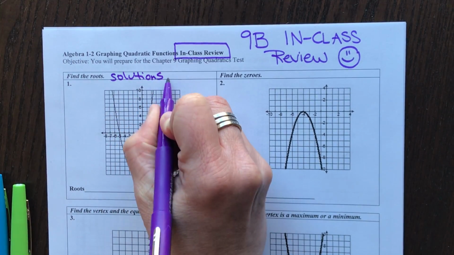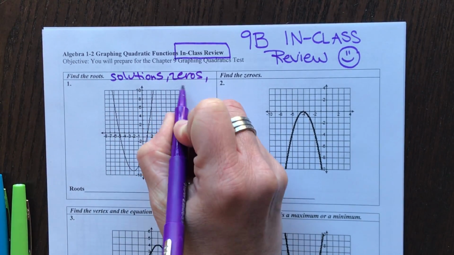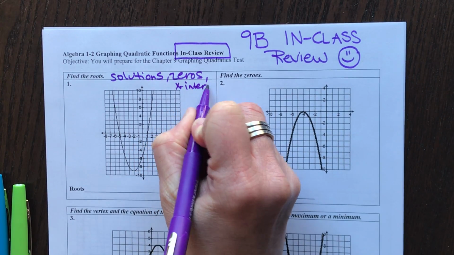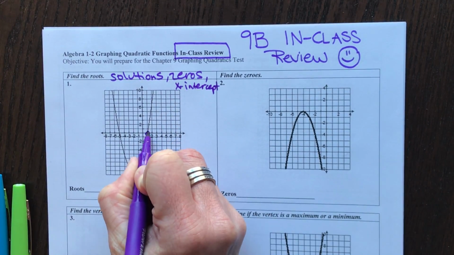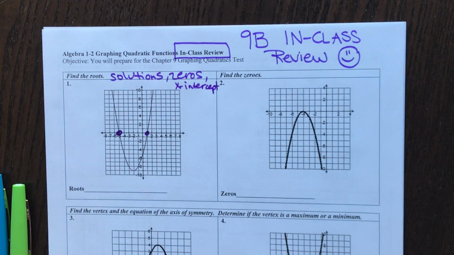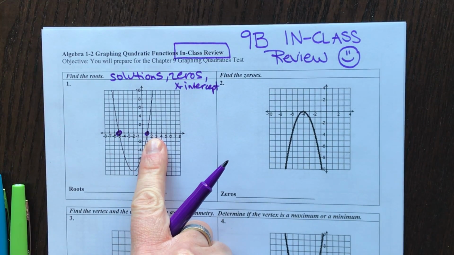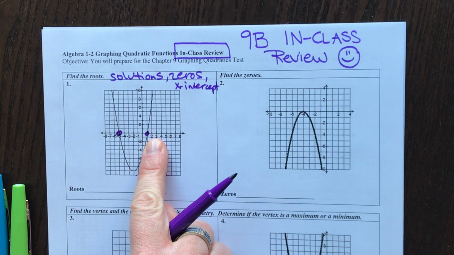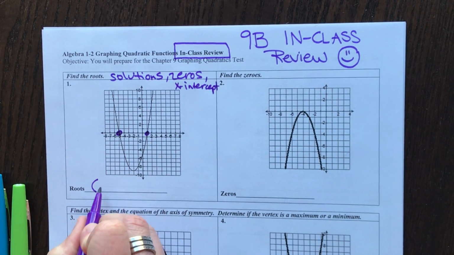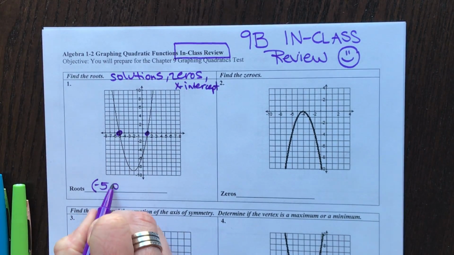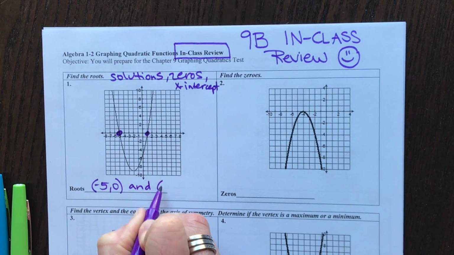There's another word that's used, zeros, and then another word called x-intercepts. And that just means where your function crosses the x-axis. So there are 2 points here, and there are 2 solutions for your roots. It would be the point -5, 0, and the point 1, 0.